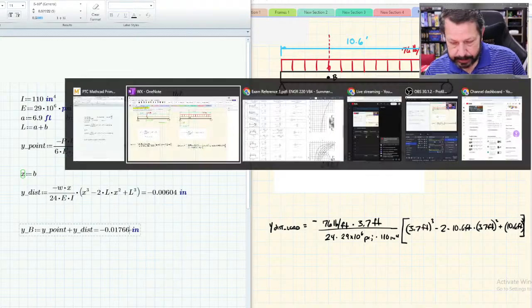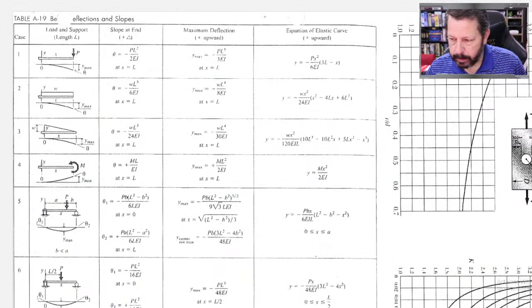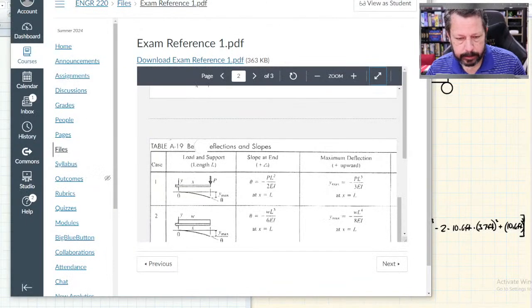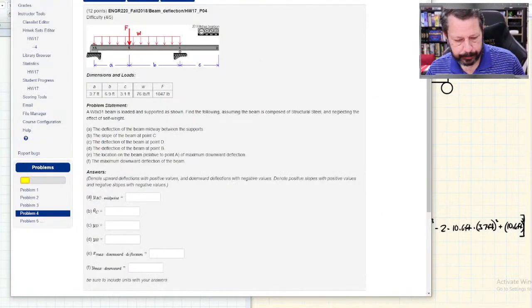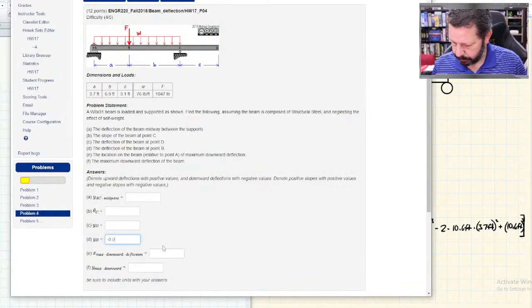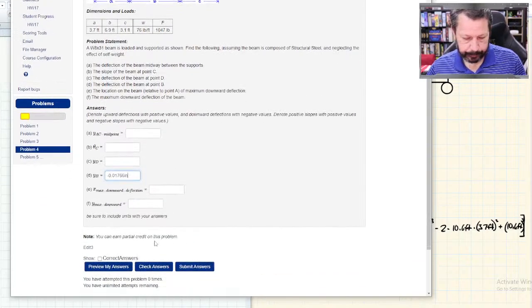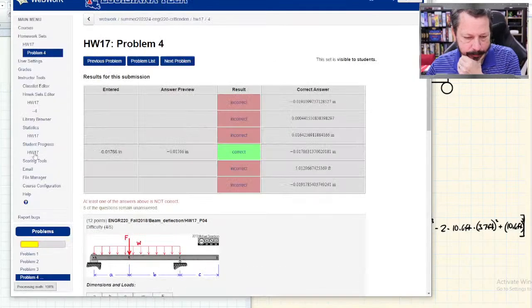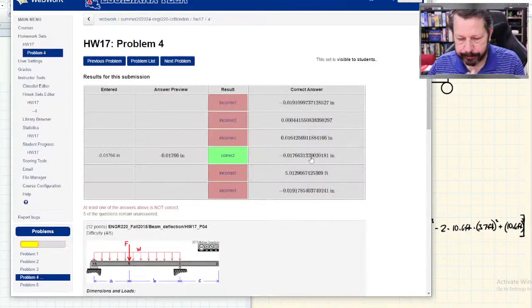Let's see if that's what WebWork wanted. Where's WebWork? So that would be this point, negative 0 point, how many zeros? Just one. Oh, gotta log in. And that's correct.